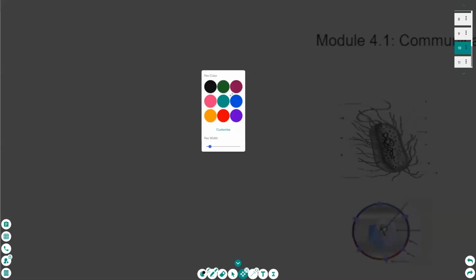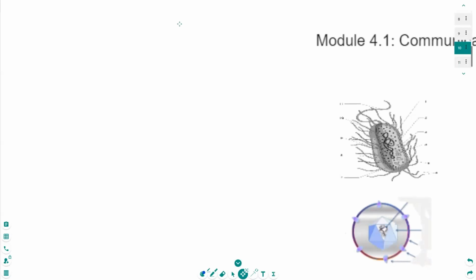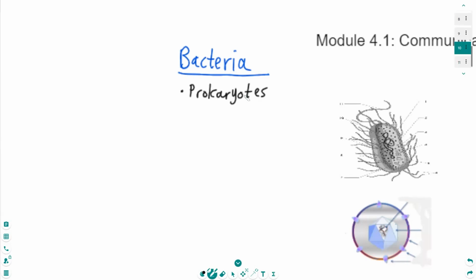So this first one is bacteria. Bacteria are living organisms. These are prokaryotic cells, which means they have no nucleus and no membrane-bound organelles.